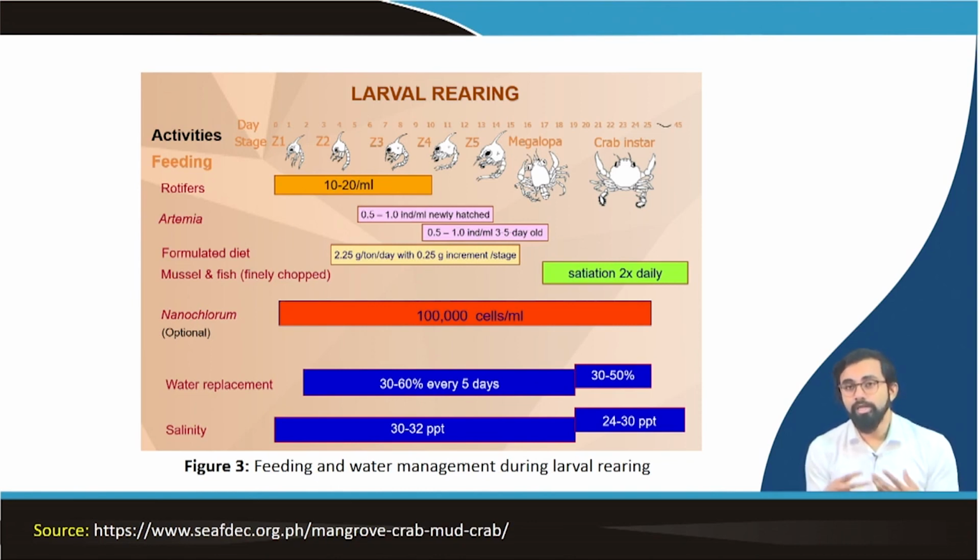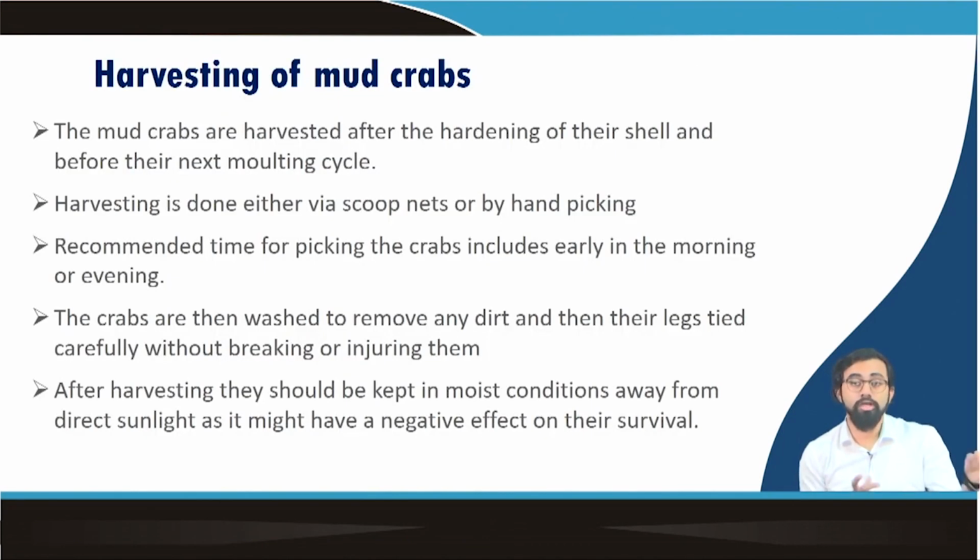Theoretically they should, but the volume which we provide them is also higher at the later stage, so the requirement for freshwater exchange is reduced a little bit. The salinity requirement is around 30 to 32 ppt at the max, and it can be 24 to 30 ppt in the later stage as well.